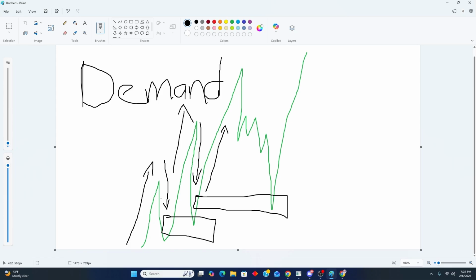Every time price comes to the area of origin before making an aggressive move up, it's called a demand. Feel me? Demand zones. Whenever price comes down to an area and rockets up, that area becomes demand.